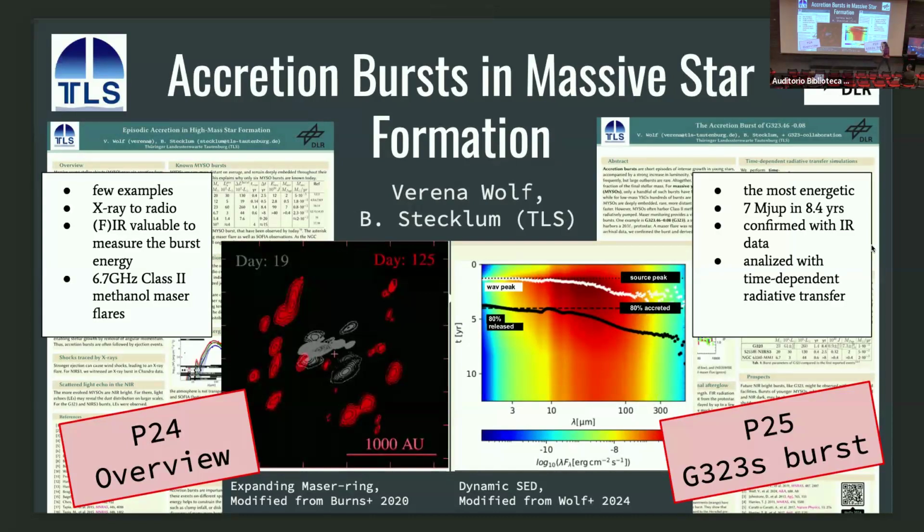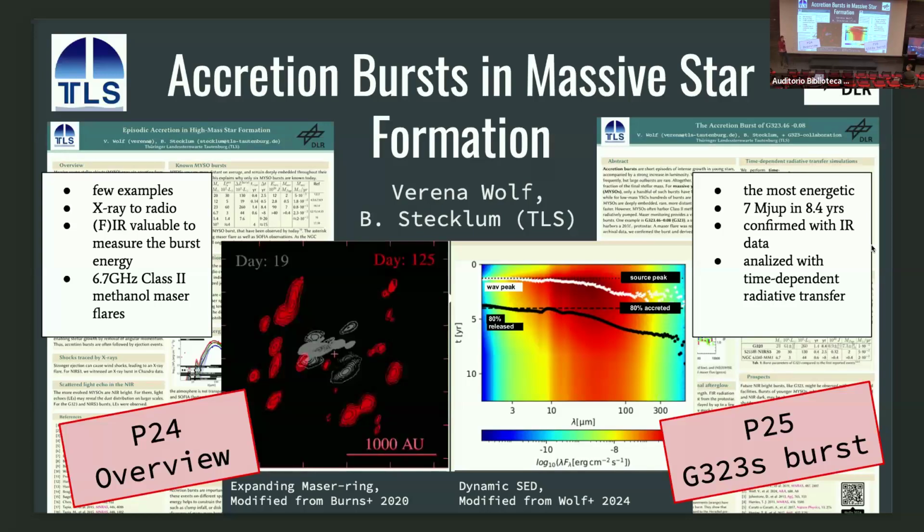The first one is an overview poster, and this is about accretion bursts in massive star formation. And as we heard yesterday, we only have 7 examples, the 6 on the poster and the one I missed. I have a collection of observations from the X-ray to the radio, but not in the optical because these are really deeply embedded.